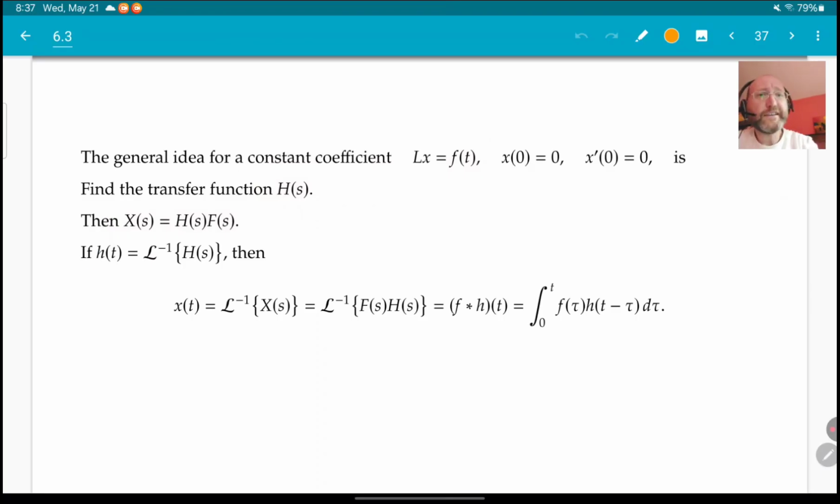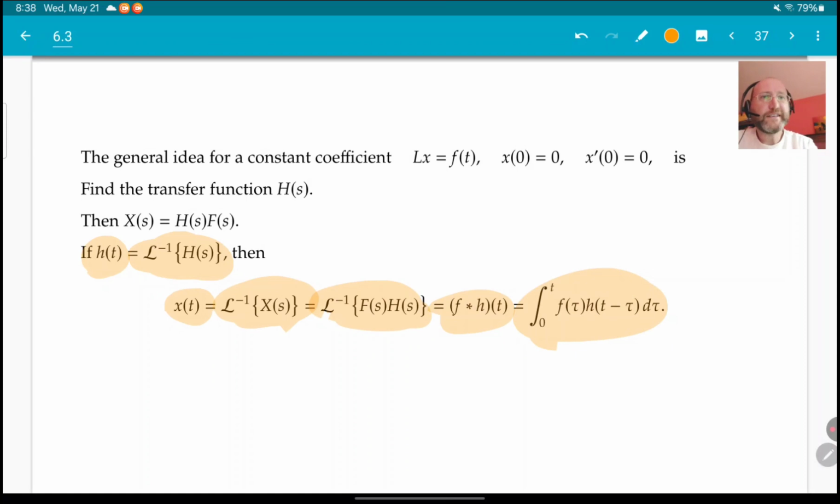So if you find the inverse Laplace transform of h, you would get that little x is the inverse Laplace transform of capital F times capital H, which is just the convolution of f and h.